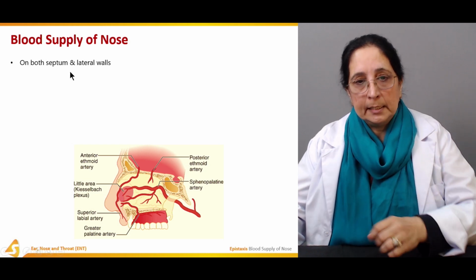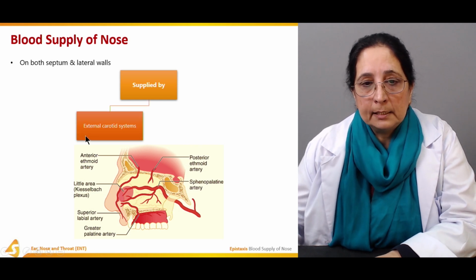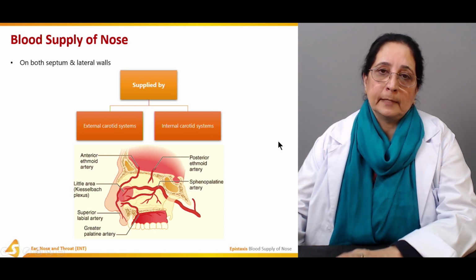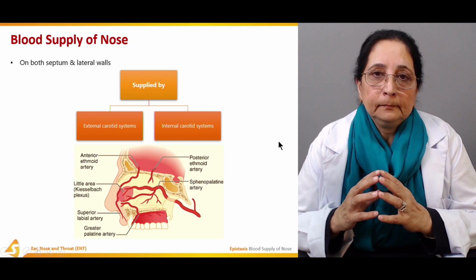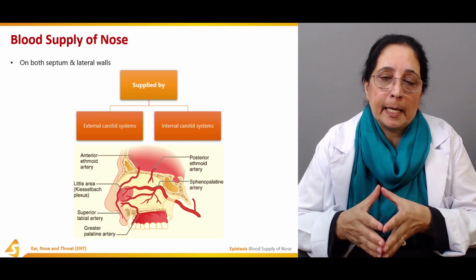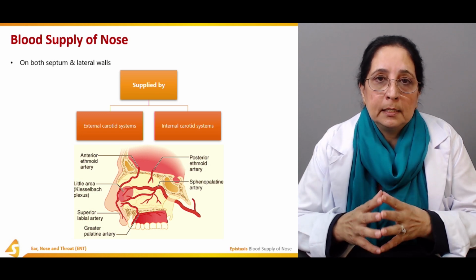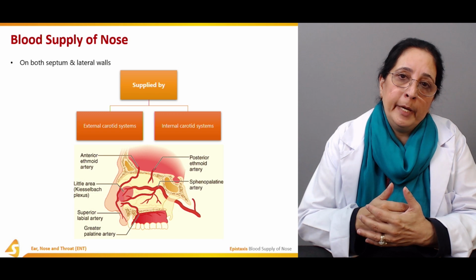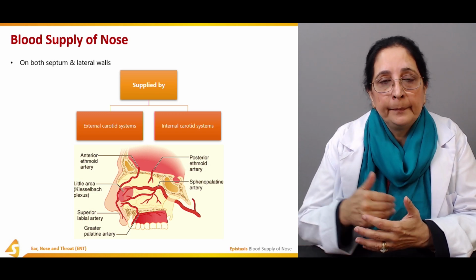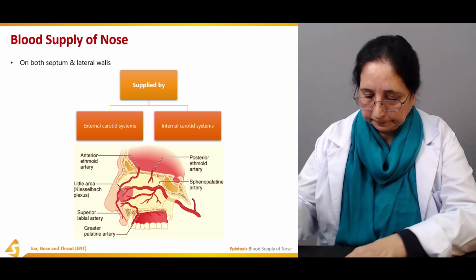Both the septum and the lateral wall are supplied by the external carotid system and the internal carotid system. So roughly, the blood supply of the nose, including the nasal septum and the lateral walls of the nose, is divided into two major divisions. One is the external carotid system, the other is the internal carotid system.